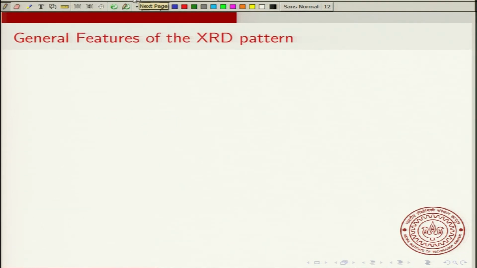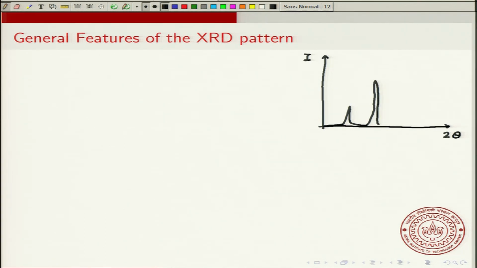So, what are the general features of an XRD pattern? Suppose you look at a typical XRD pattern, then it looks something like this. There is intensity on one axis and 2 theta, which is the angle, on the other axis, and typically there are a lot of peaks in this intensity.